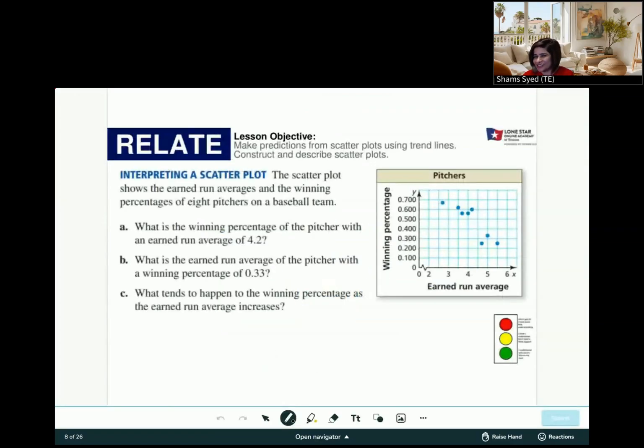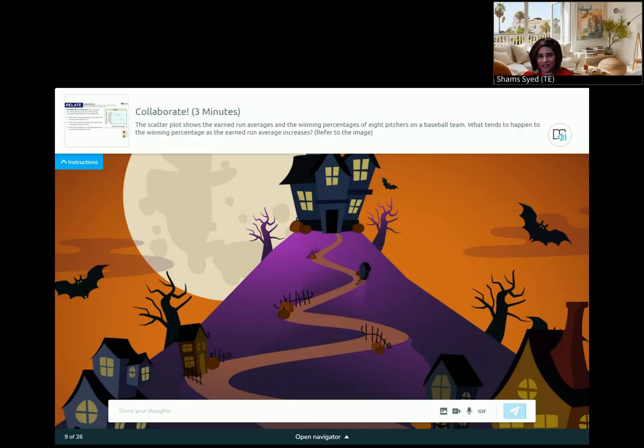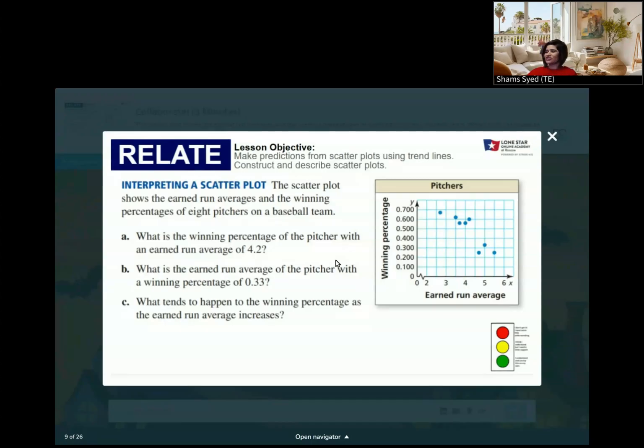Next activity is a discussion activity as always, and this is the scatter plot that I will show you. The collaborate activity is going to be timed for 3 minutes, and you will respond to part C for this problem only.